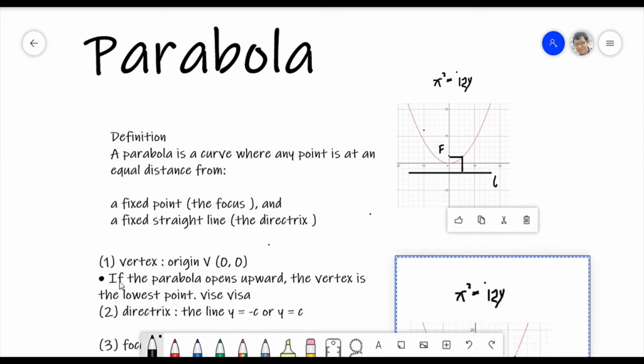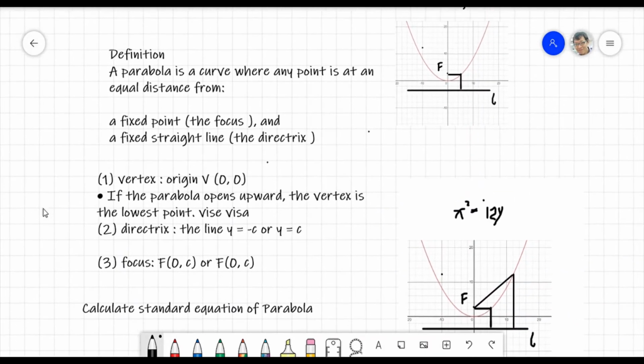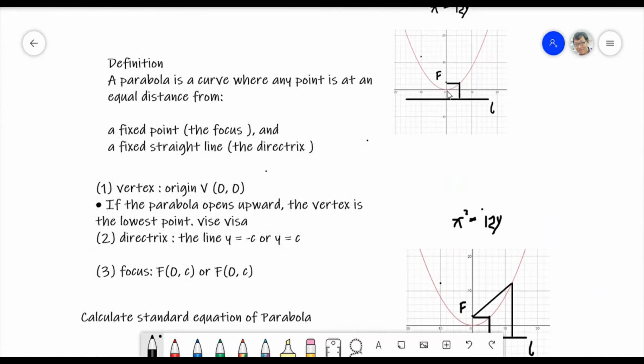So let's see some important characteristics that we have introduced. First is called the vertex. The vertex here you can see is here. In this section we just talk about the simple parabola, so we make the vertex the origin O, right?